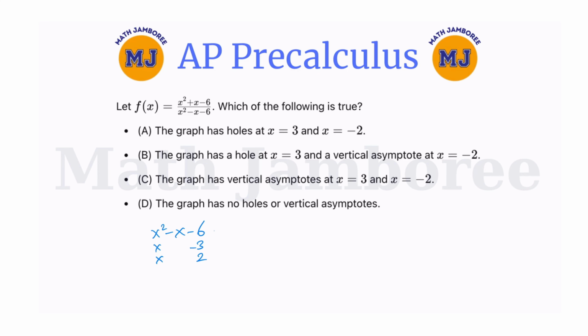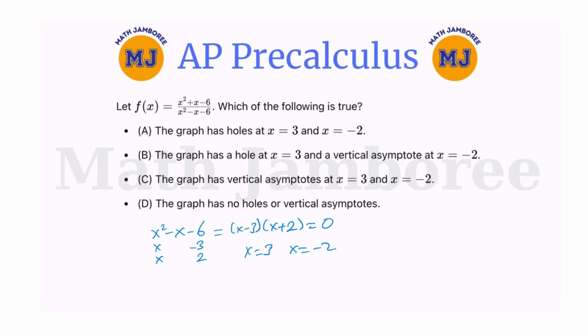So this can be written as x minus 3 times x plus 2. When you make it equal to 0, you would say I have x equals 3 and x equals negative 2. Since this is in the denominator, these would have a vertical asymptote at these points.